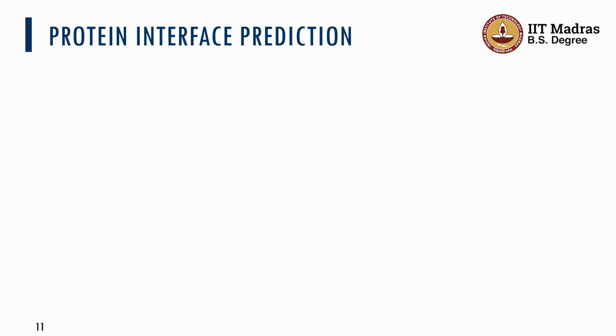So what we have to do now is formulate a protein interface prediction problem using protein graphs and given node or edge features.